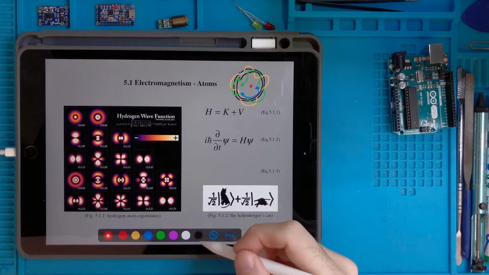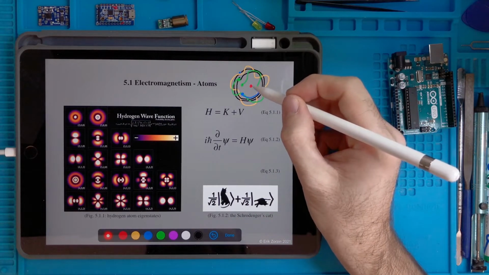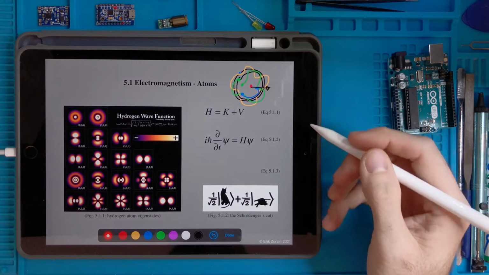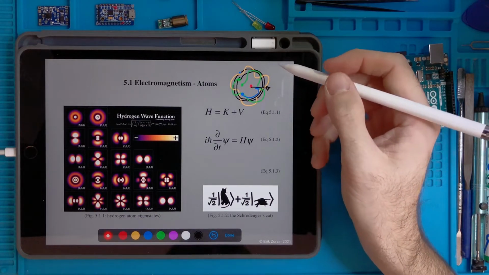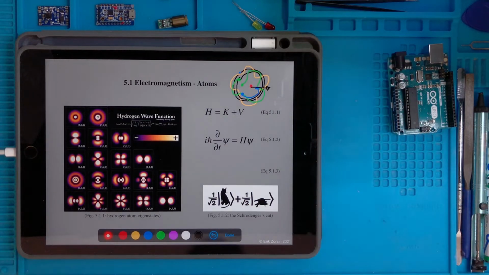So for this, the radii are discrete, are quantized. Not all the radiuses are possible with this idea in mind.